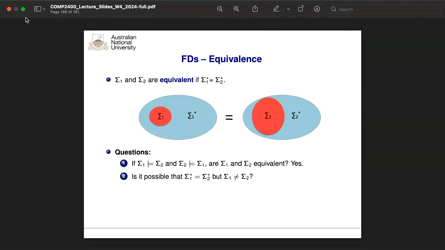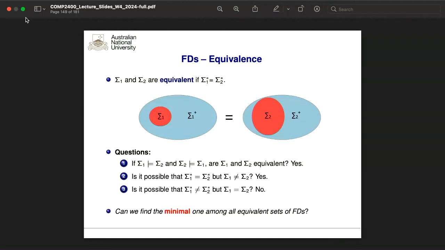Second question, is it possible that we have two sets of function dependencies that are different, but have equivalent implied function dependencies? Yes, that's what we just talked about. How about the other way around? Is it possible that their implied function dependencies are different, but the sets are the same? No? OK, good.